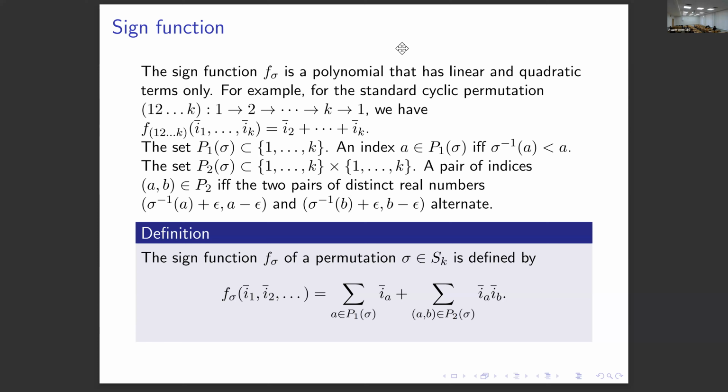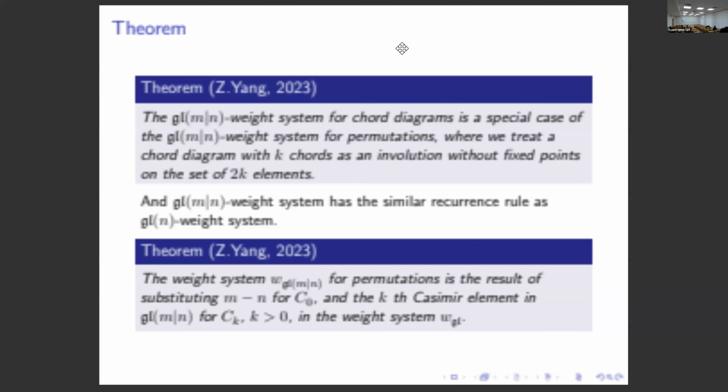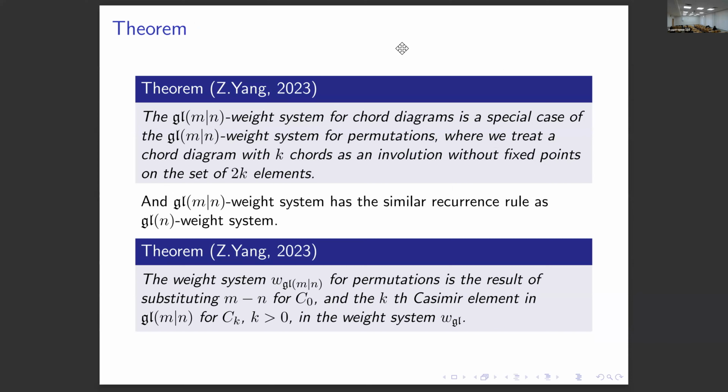And this sign function, I guess the theorem says that the gl(m|n) superalgebra weight system for chord diagrams is actually a special case of the gl(m|n) weight system for permutations, if we consider the chord diagram as an involution without fixed points on the set of these endpoints.